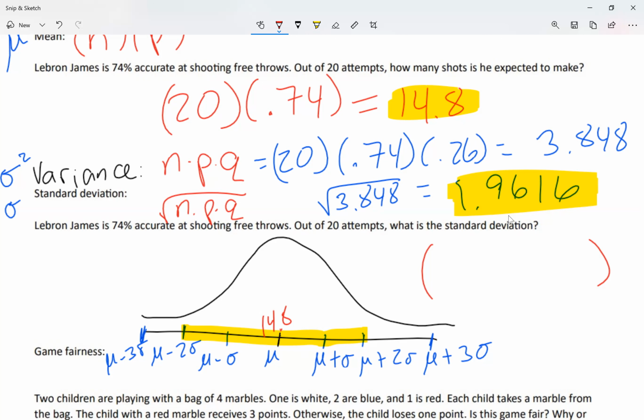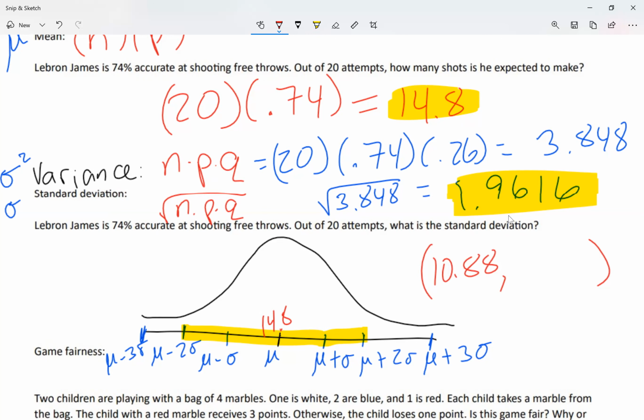Let me round my answers. I have a long decimal in my calculator, but let me round to 2 decimal places. So the expected value minus the standard deviation twice, I happen to have 10.88. You should do it on your calculator to see what number I got.